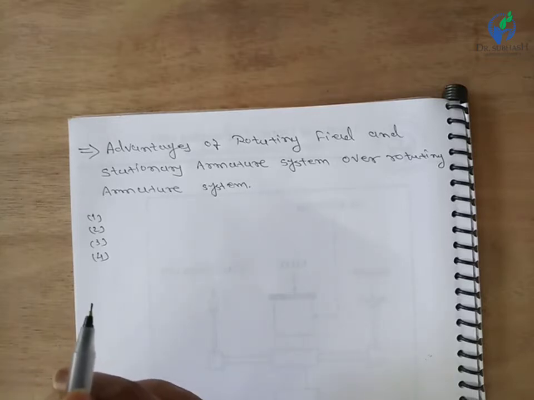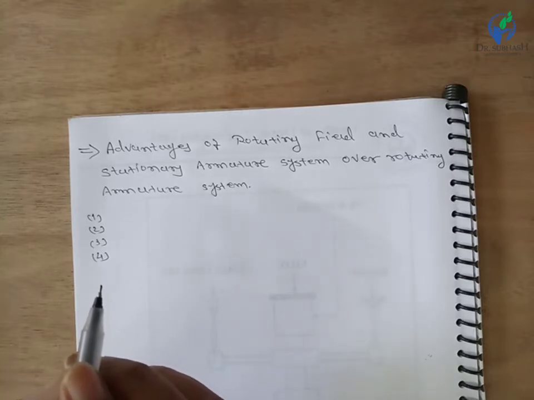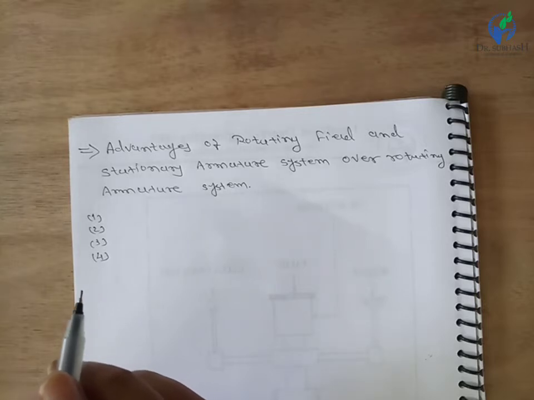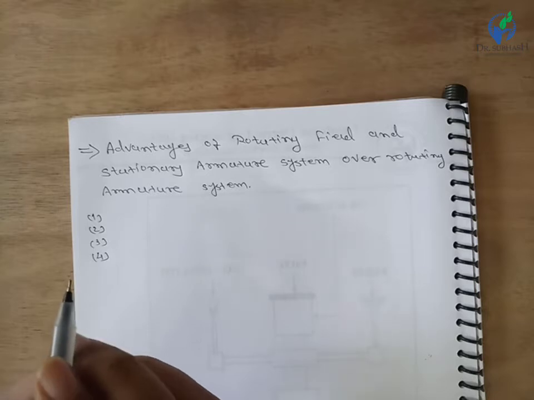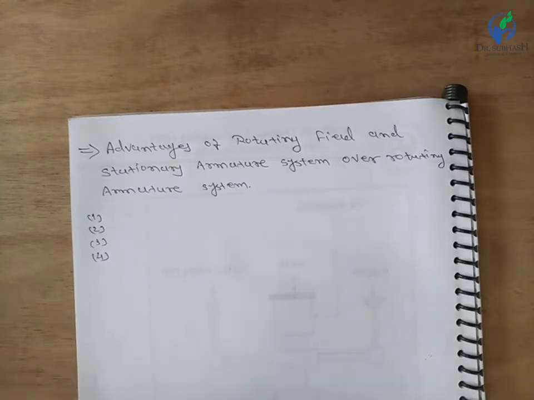For the rotating field system, no slip rings are required for the output. The EMF produced in the armature can be led out directly, as the armature is a stationary part.